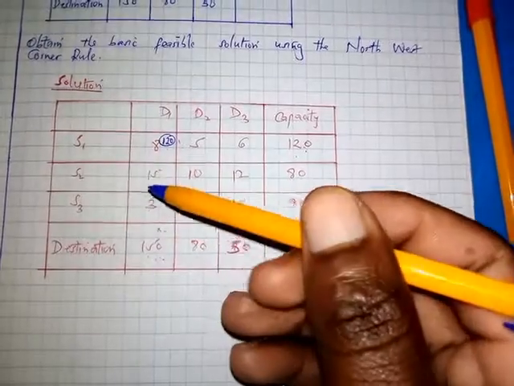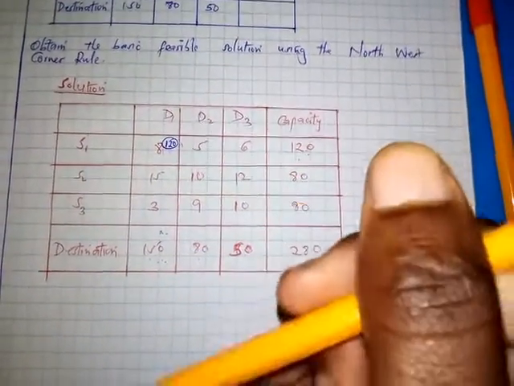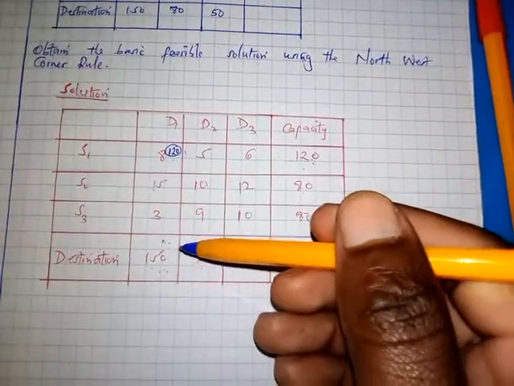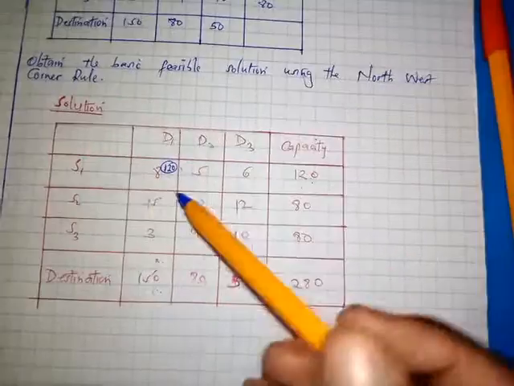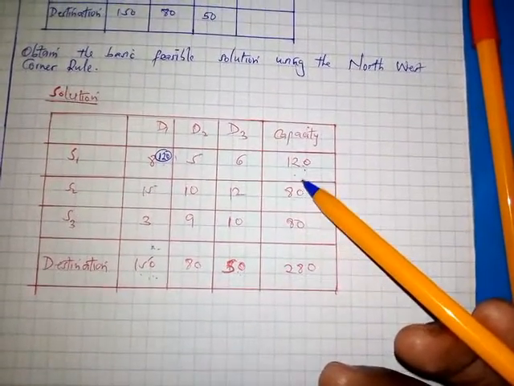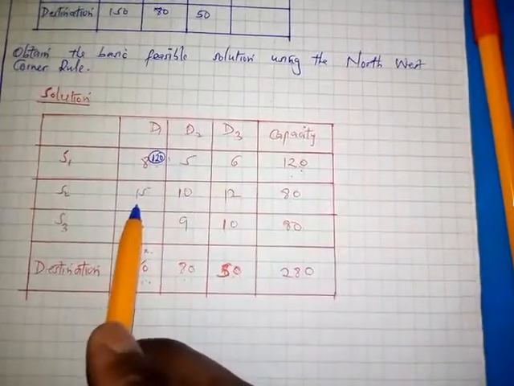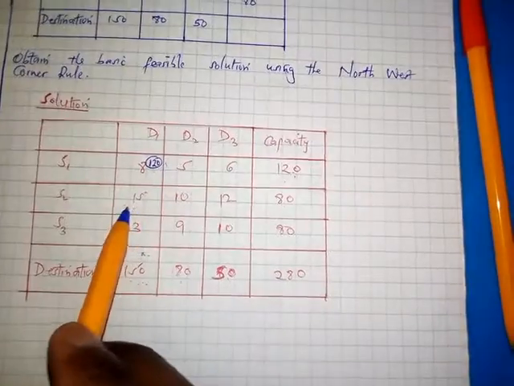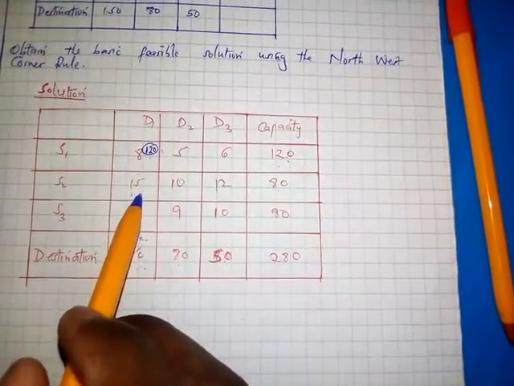So we go to the second step. We adjust the supply and demand numbers in the respective rows and columns allocations. For example, if the supply for the first row is exhausted, as in this case, then move down to the second row, the first column.